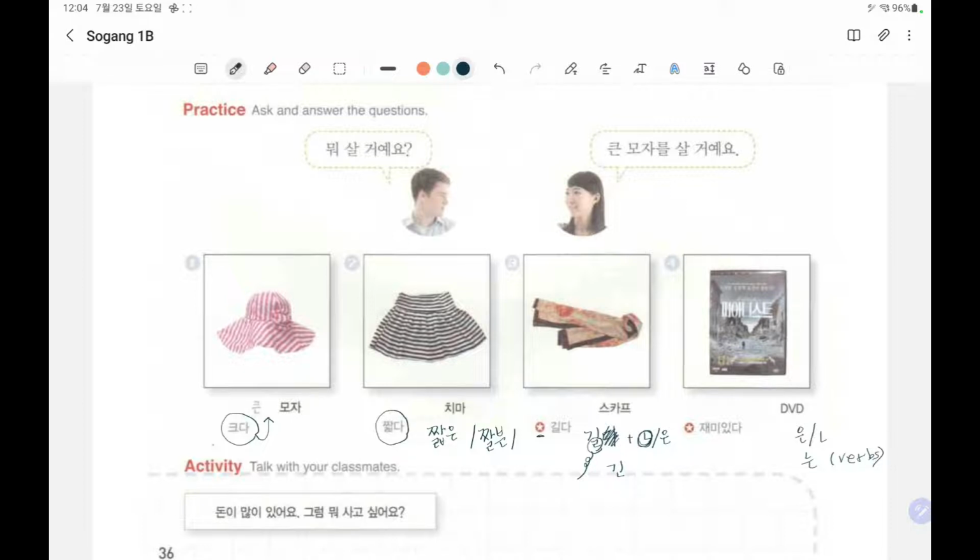So we need to change it to 재미있는 DVD. 재미있은 아니에요. 재미있는 DVD. Okay, so let me explain more about this modifying nouns with verbs.